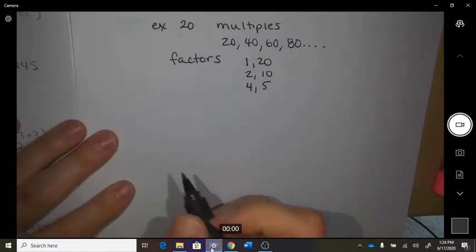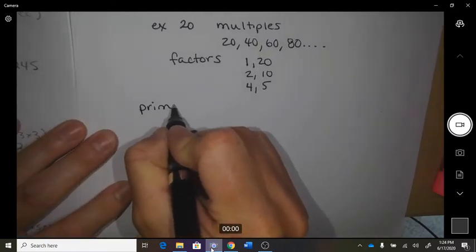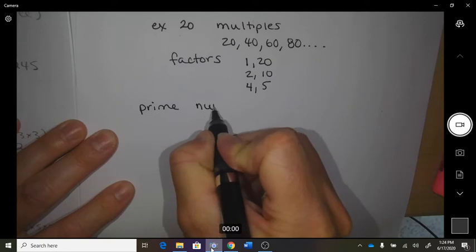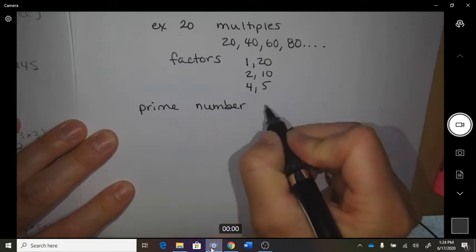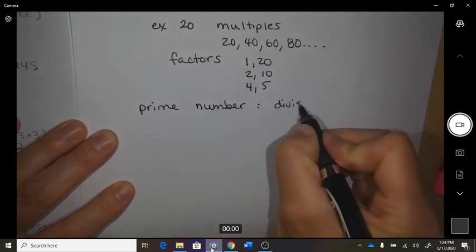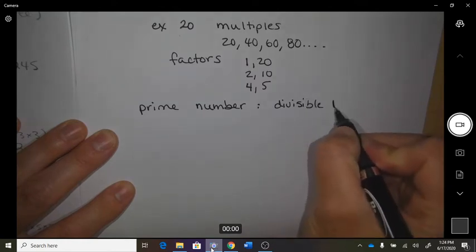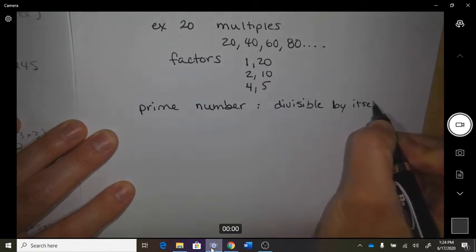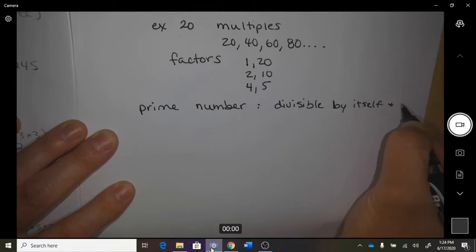Okay, some other background information you need to know for this lesson is a prime number. So it's divisible by itself and 1. Nothing else.